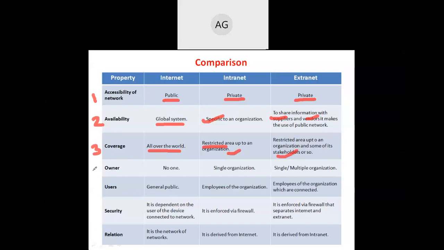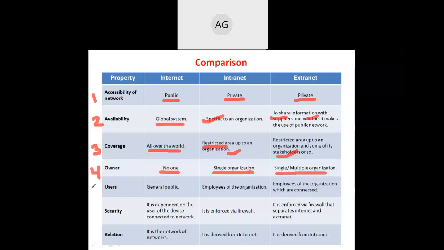Now the fourth point of difference is owner. In the case of internet, no one is the owner of the internet, whereas in the case of intranet, a single organization is the owner of the particular intranet, and in the case of extranet, single or multiple organizations are the owners of the extranet.